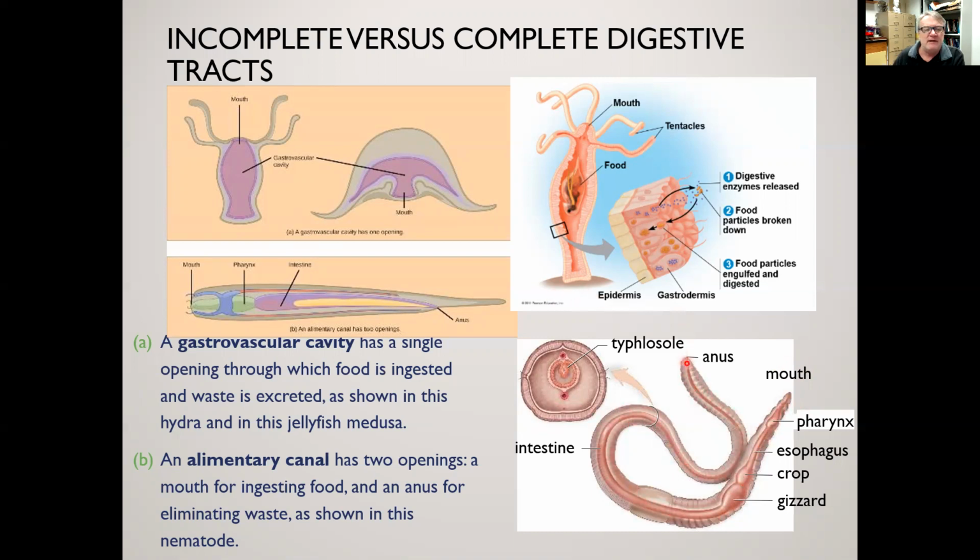So unlike an organism with an incomplete digestive tract, we don't have to stop consuming things in order to eject waste. So this is like an in and out. This is a continuous process moving food through the body. So this becomes a very efficient mechanism.